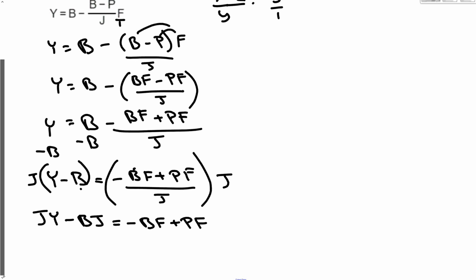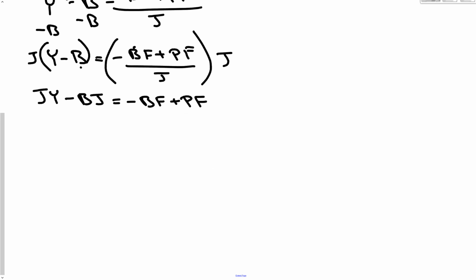Okay, going to need a little more room. Now, because I want b by itself, I need everything with a b on the left side and everything without a b on the right side. So what I'm going to do is add bf to both sides to give me jy plus bf minus bj.